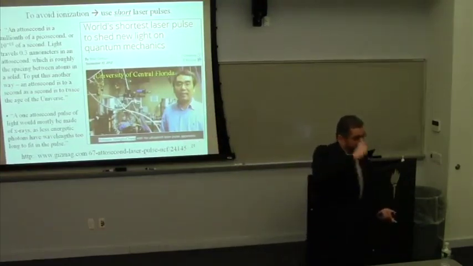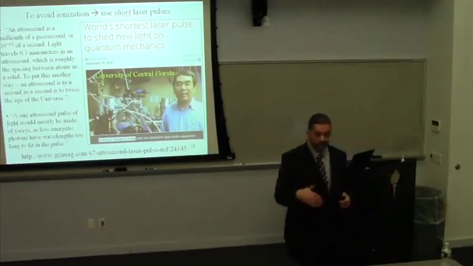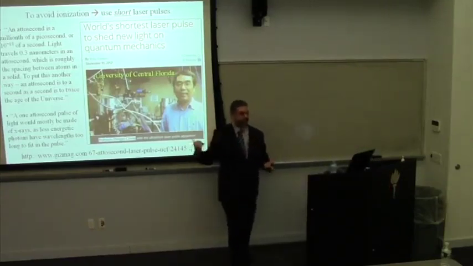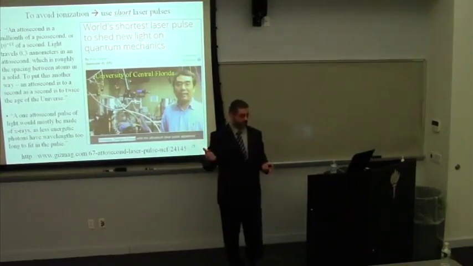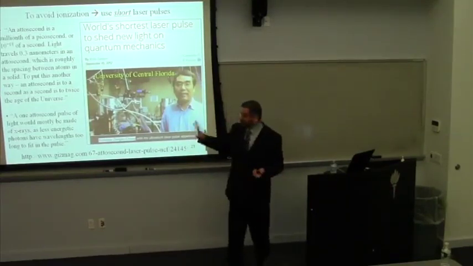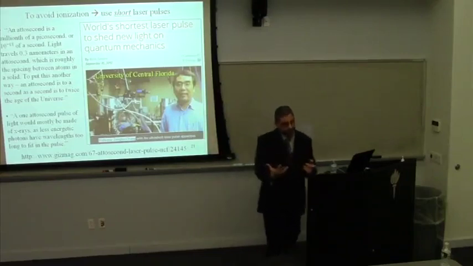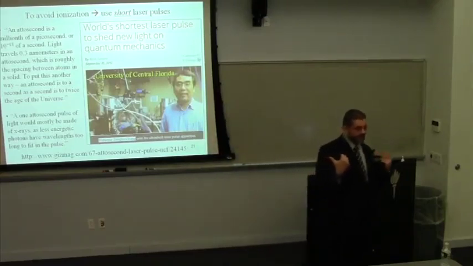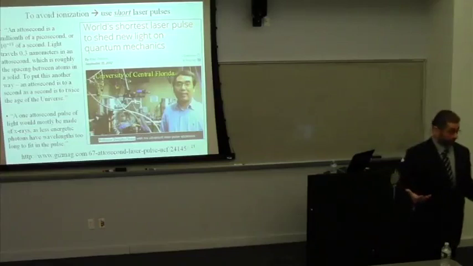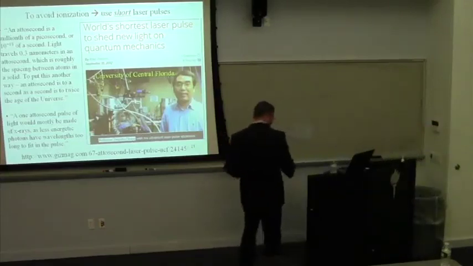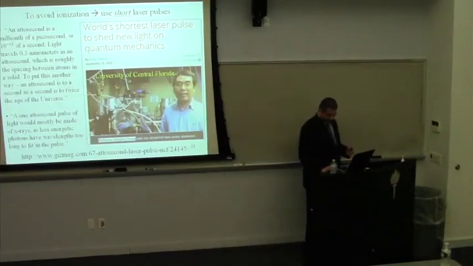You don't have enough oscillation in this short amount of time. So you have to go to high X-rays. And that's not what we're using, because that will excite the system. It will even knock electrons out of the system. But what I'm trying to tell you is you have a tremendous amount of control on the duration of the pulse, up to this. We are in IR mode, though. We're far from the attosecond regime, right? We're in the femtosecond.